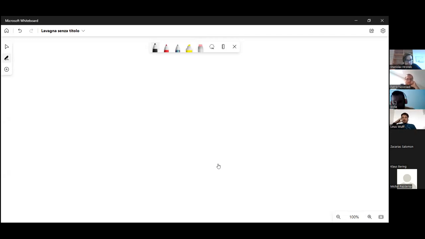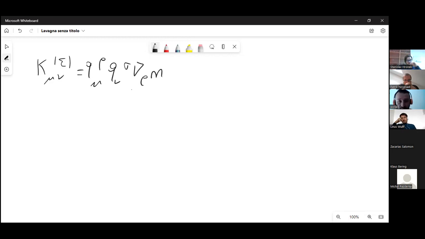Yeah, I just want to clarify something that I wrote last time, and Ricard asked why the K mu nu, that is the extrinsic curvature on sigma, is symmetric. So I just want to briefly do that, just to make it clear. So I wrote the K mu nu on sigma is Q mu rho Q nu sigma nabla rho n sigma.